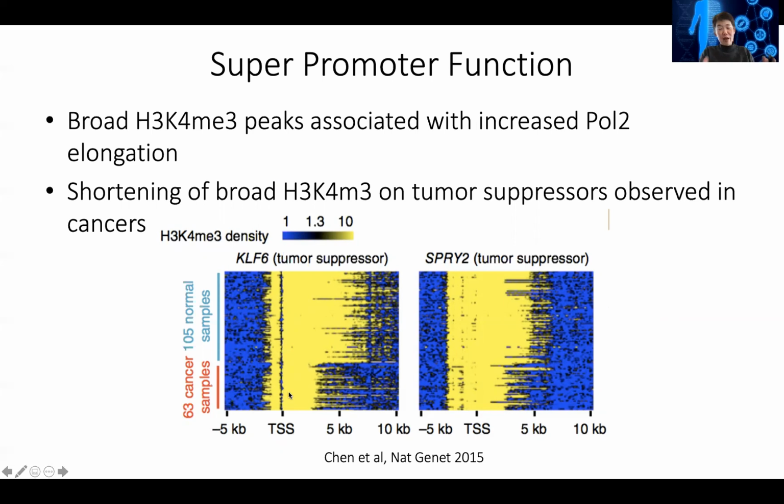These become regular, just a couple kb peaks now. And super promoter genes will have a lower expression. And if you lose a tumor suppressor, the cell will start uncontrollable growth and then develop cancer. And so they are using this approach again to help them identify more tumor suppressors in the genome and figure out which genes might be important.